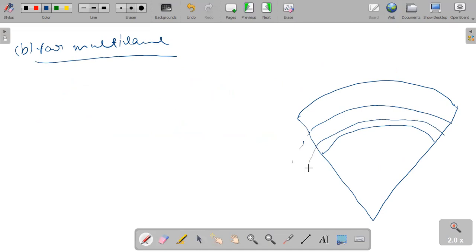Draw here an angle. This is obviously alpha by 2.